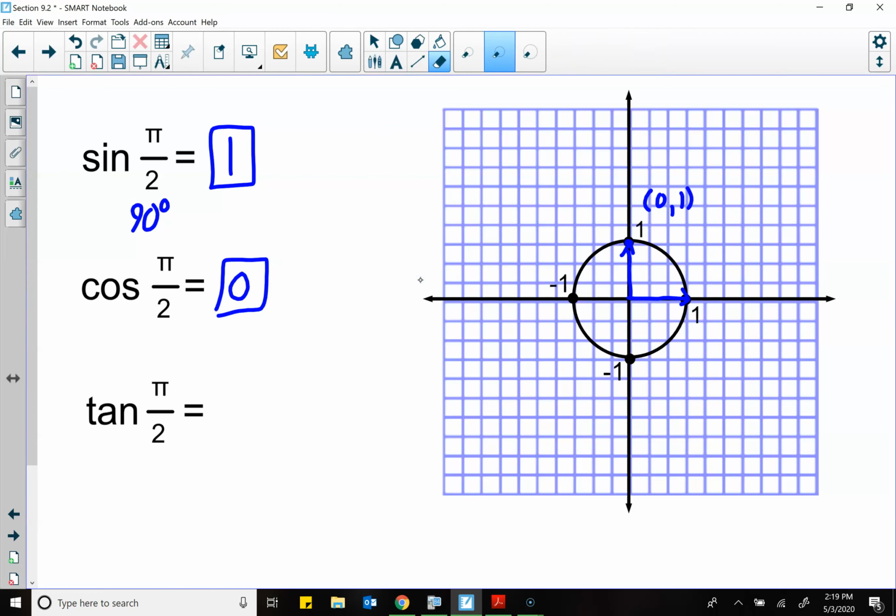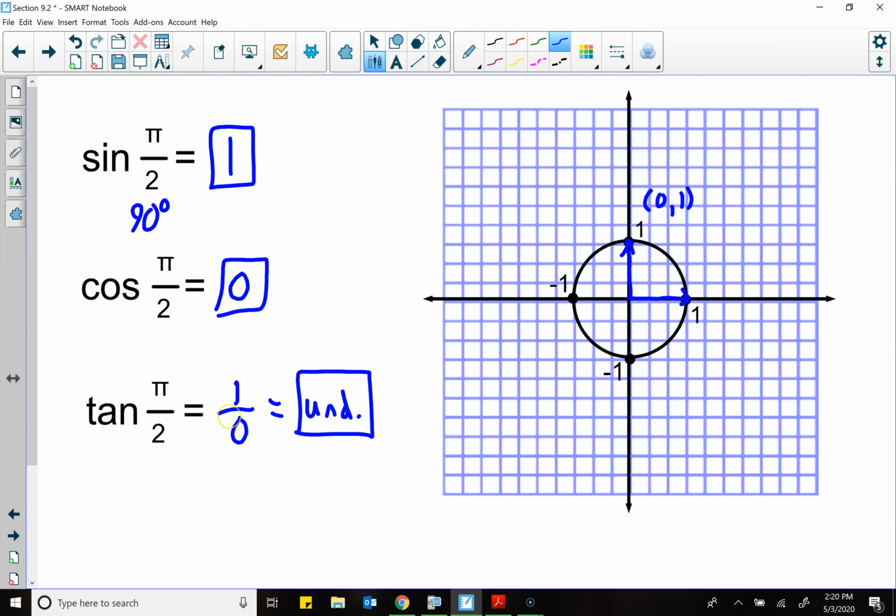Because remember, sine is the y value, which is 1. Cosine is the x value, which is 0. And then down here, tangent is y over x. So that is 1 over 0. But we do not write 1 over 0 because we cannot divide by 0. So we call this undefined. Okay?